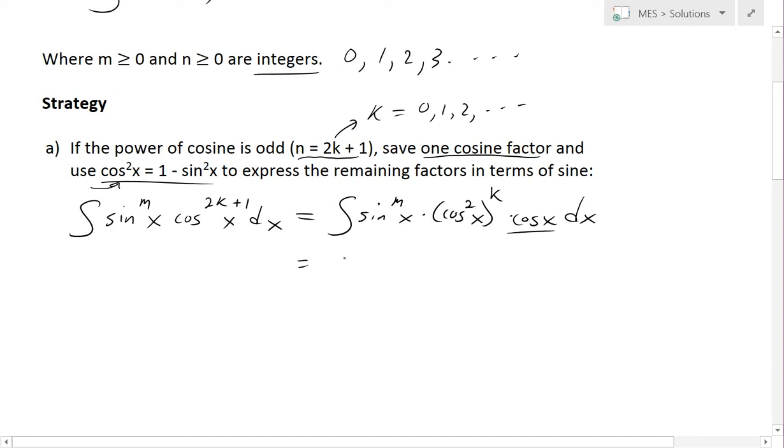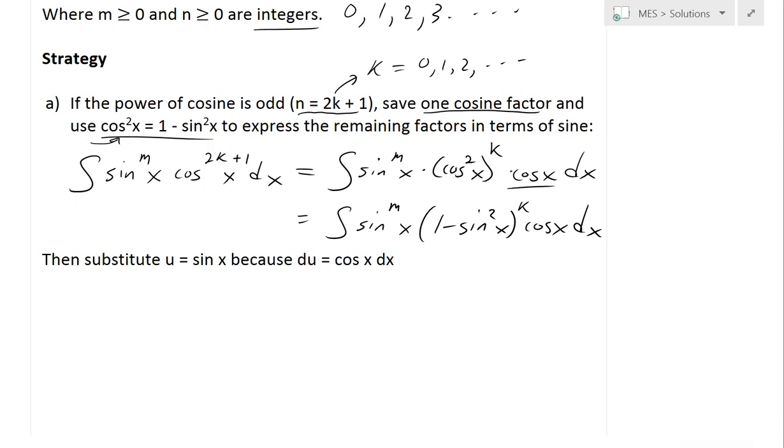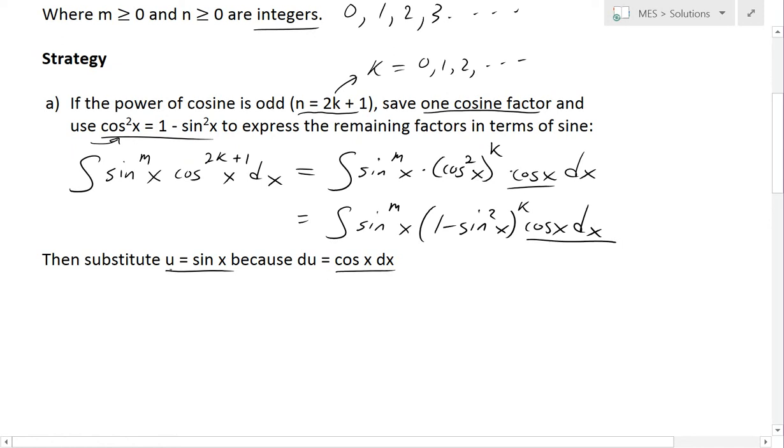We do this so we can apply this formula. So this equals sine m of x times 1 minus sine squared of x to the power of k, times cos x dx. Then we substitute u equals sine of x, because du, the differential, is going to be cos x dx. Now that we have only one cosine factor, this du replaces it completely, and we're dealing with just u.